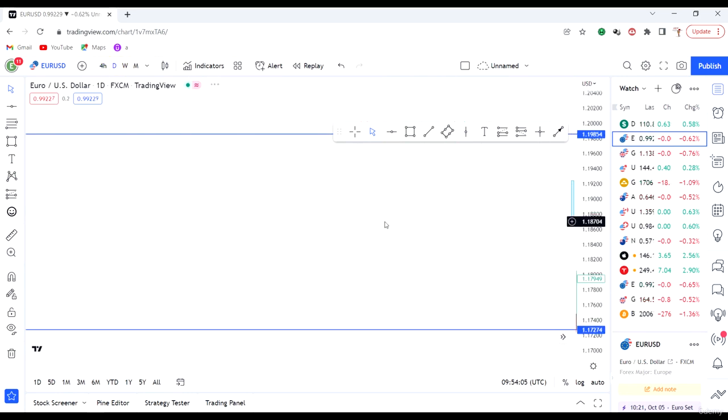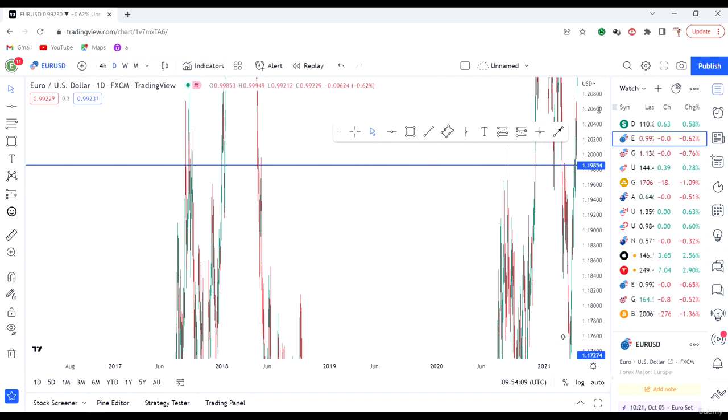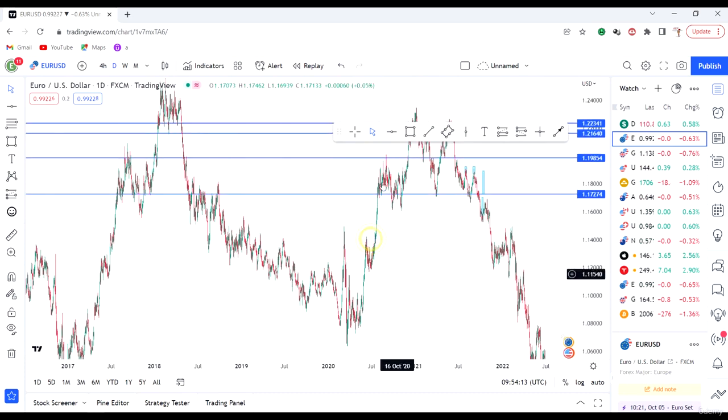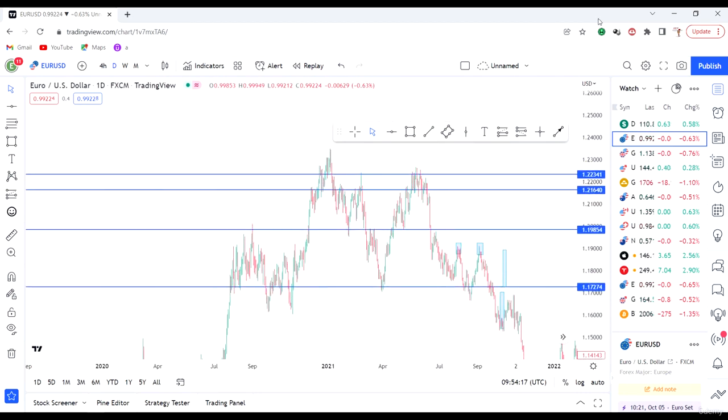Let's go to 1 minute. This is EURUSD, sorry, daily, not 1 minute. Let's go to daily to see if we're going to have some examples here. Look at our previous example. Look at another example. This is another example of a double top.